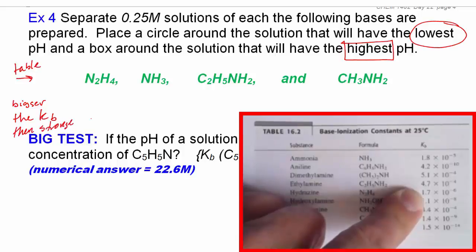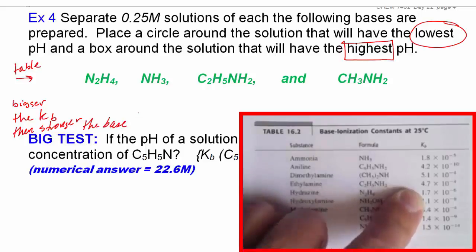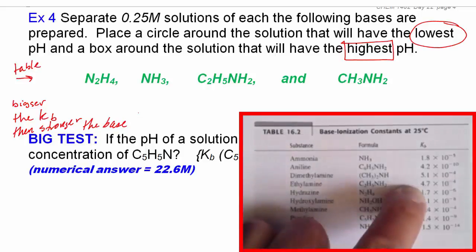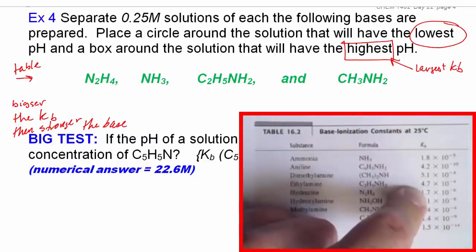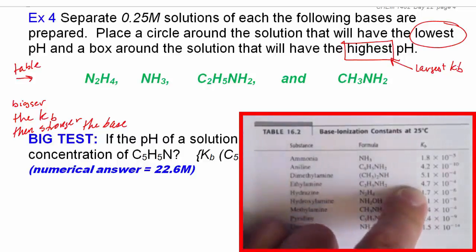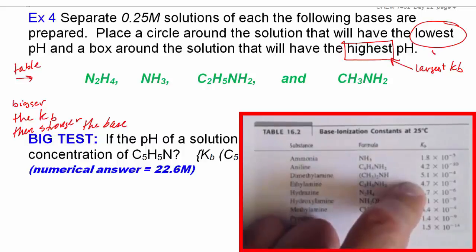The stronger the base. So the one with the biggest Kb is going to be the strongest base. It will have the highest pH. And the base with the lowest pH, that'll be the weakest, or the smallest Kb.